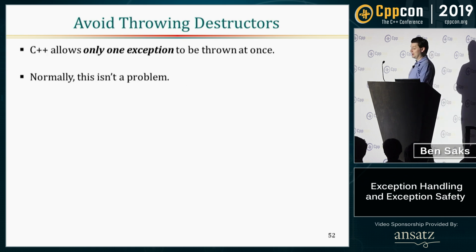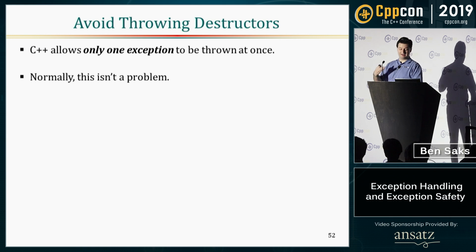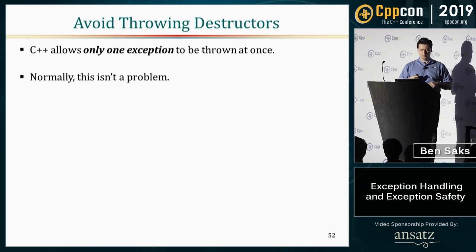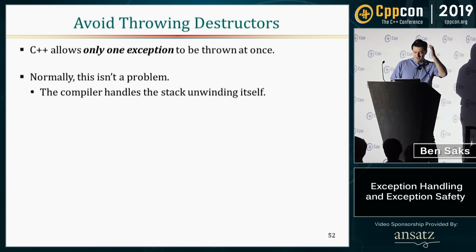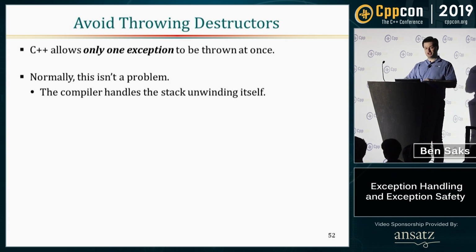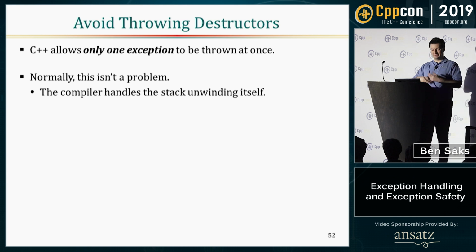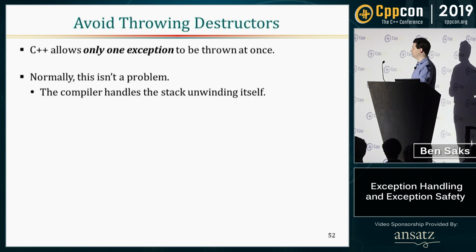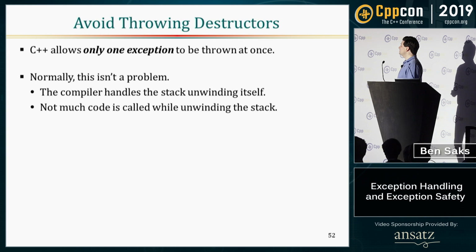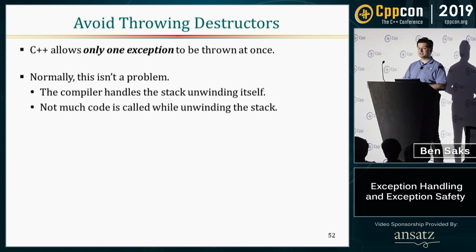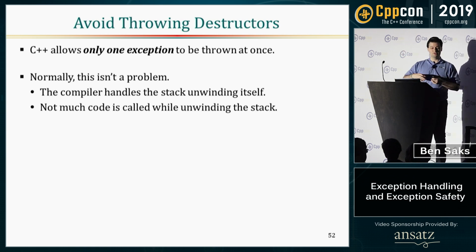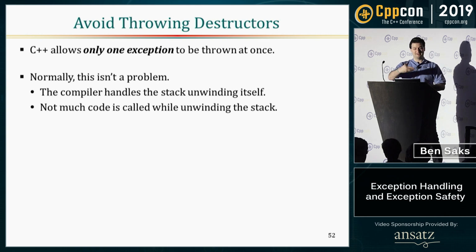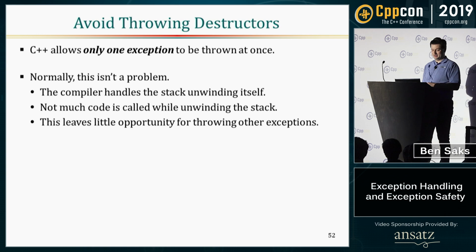It turns out you're only allowed to throw one exception at a time. And normally this isn't a big restriction because you're not in charge of doing the stack unwinding. The program handles that itself automatically through code generated by the compiler. So you don't have much opportunity to write code that would throw a second exception in response to a first exception being thrown.